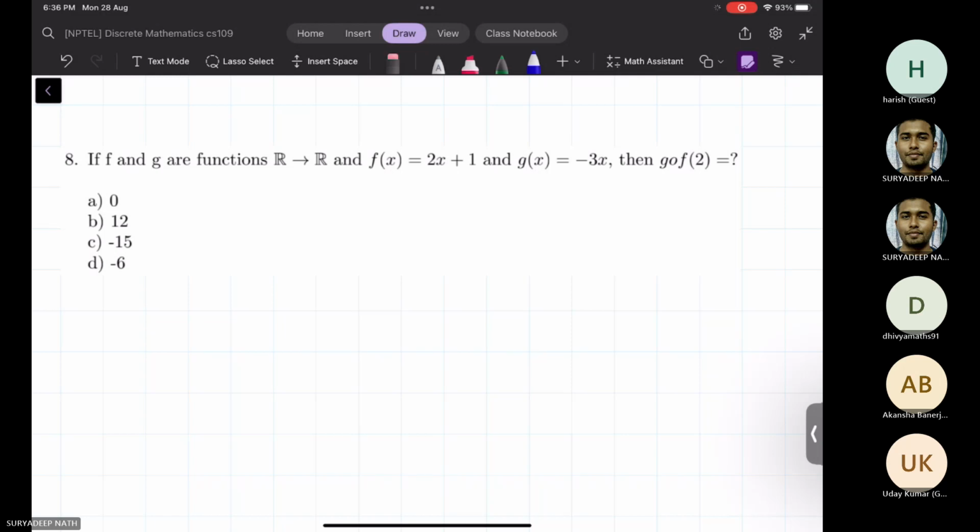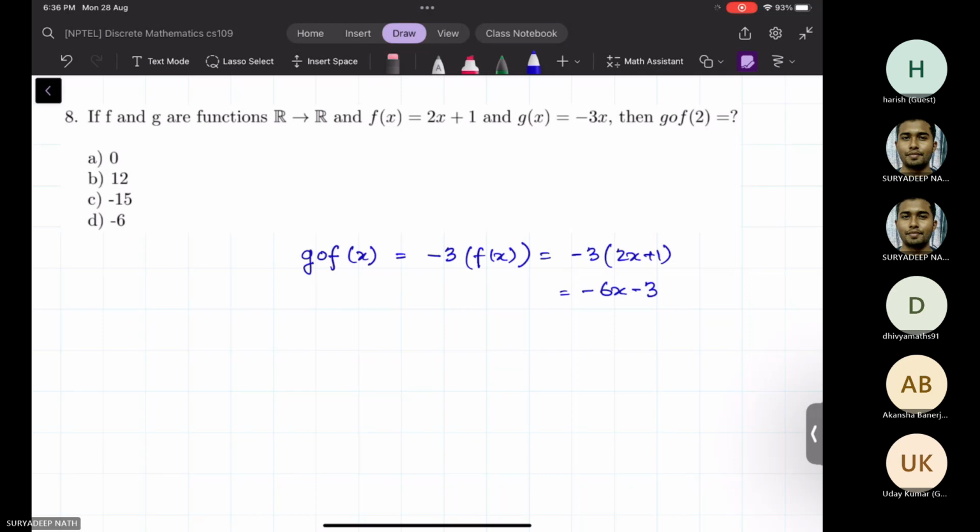First we'll find g of f of x. It is basically minus 3 times f of x, which is minus 3 into 2x plus 1, which is minus 6x minus 3.